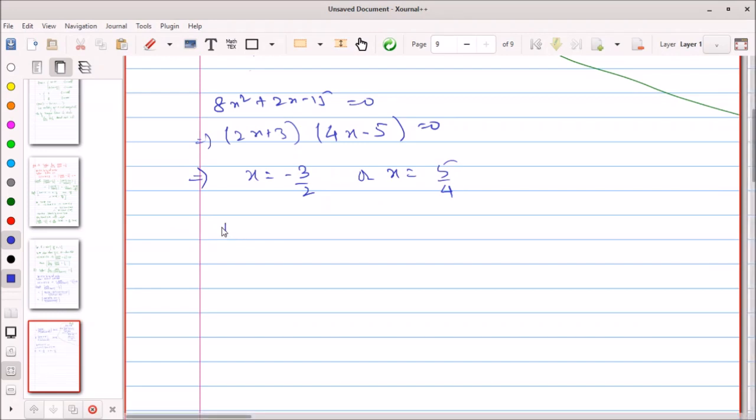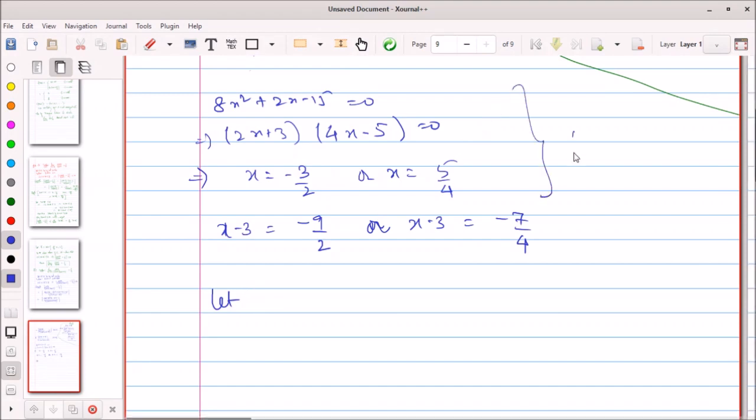So if I take x minus 3, it will be minus 9 by 2, and x minus 3 in this case will be minus 7 by 4. So I have to take x minus 3 to be the minimum of these two.